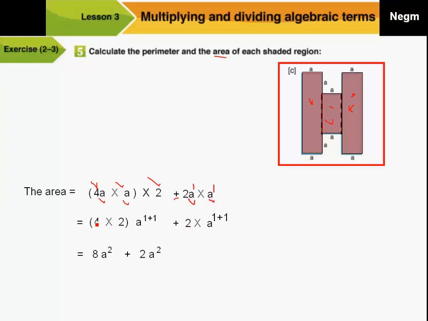Here this equals 4 times 2 is 8, a to power 2 plus 2, a to power 2. If we take a to power 2 outside the two brackets, we will have inside the two brackets 8 plus 2. 8 plus 2 is equal to 10. So the area is 10a to power 2. This is the area of this shaded region.